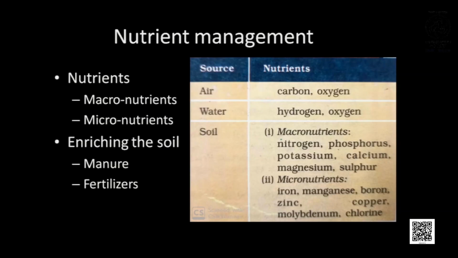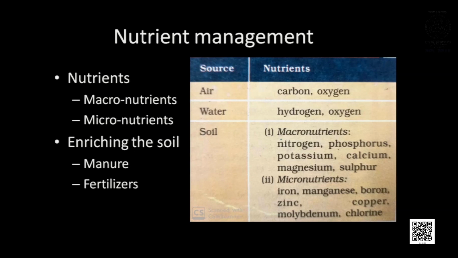Now, see one by one. First one is nutrient management. The different sources of nutrients are air, water, and soil. From the air, crops get carbon and oxygen. From the water, they get hydrogen and oxygen. And from the soil, they get various nutrients. Some of them are required in large quantities, whereas some are required in small quantities.